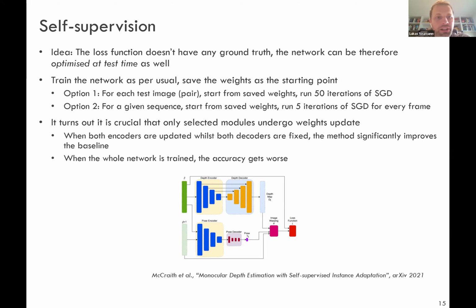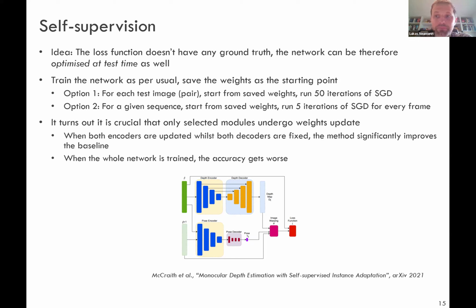The main observation that we made is that if you do it in a naive way and train the whole network, then it doesn't work. What you need to do is this: there are two parts of the network, an encoder and a decoder, and the key is to only update the encoder, the part of the network which takes the image and generates some internal representation.